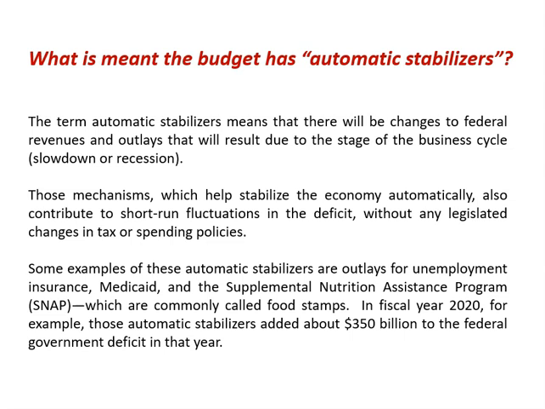Some examples of these automatic stabilizers are outlays for unemployment insurance, Medicaid, and the Supplemental Nutrition Assistance Program, SNAP, which are commonly called food stamps. In fiscal year 2020, for example, those automatic stabilizers added about $350 billion to the federal government deficit in that year.